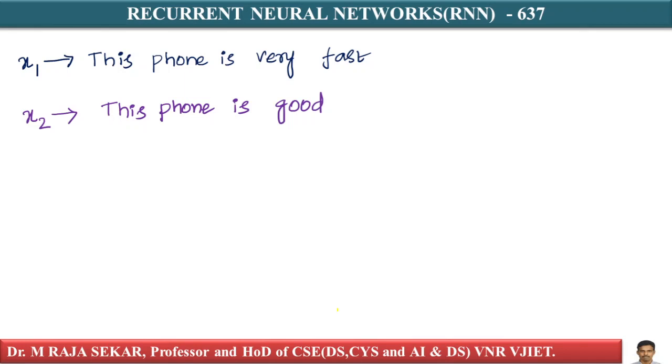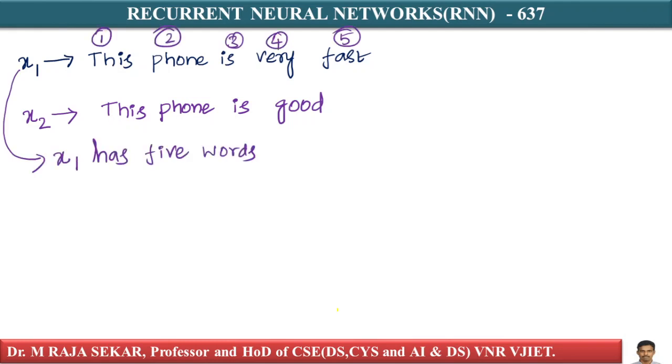If you observe carefully, your x1 has 5 words. Just count how many words it has: 5 words. First word is "this", second word is "phone", third word is "is", fourth word is "very", and fifth word is "fast".